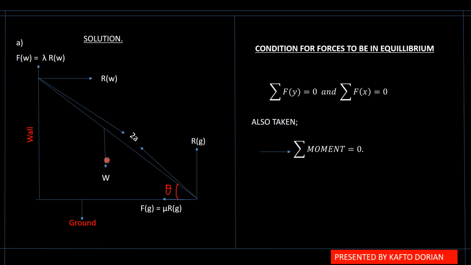This force needs a horizontal perpendicular distance. So I have a force here, W, acting vertically. It means that the vertical force needs a horizontal perpendicular distance.